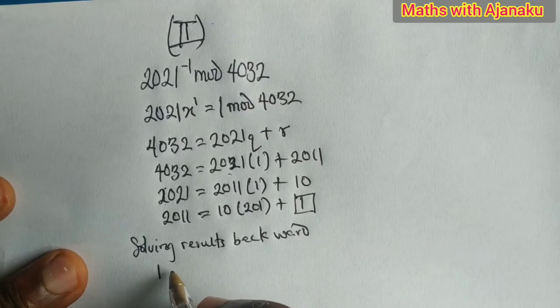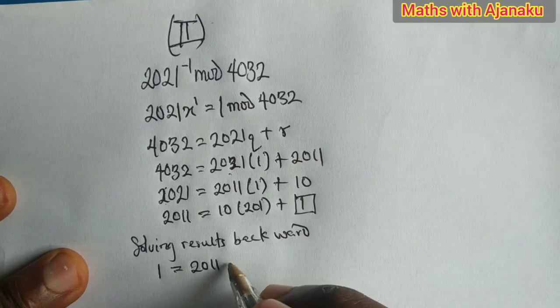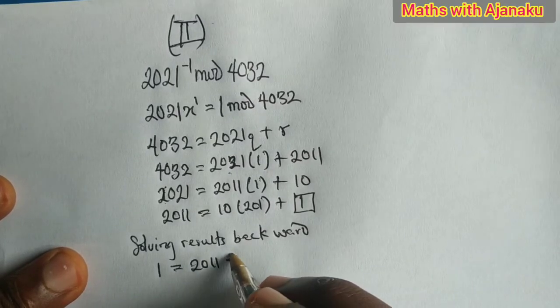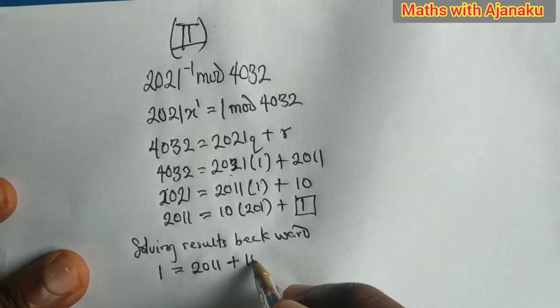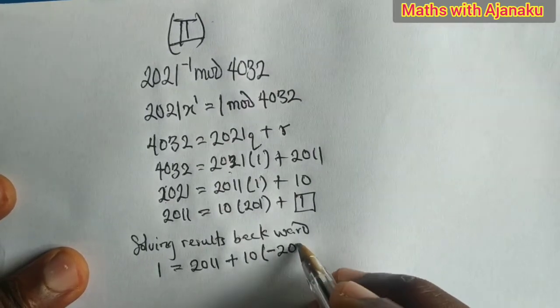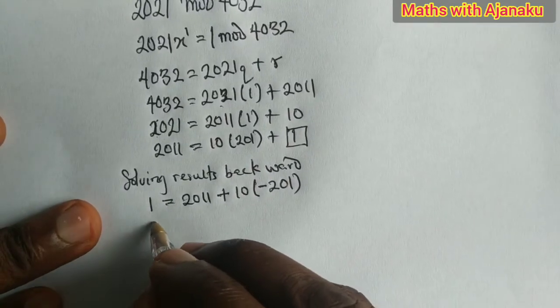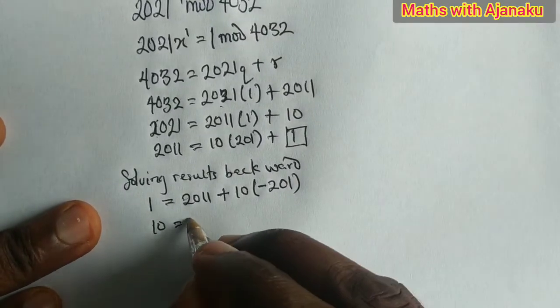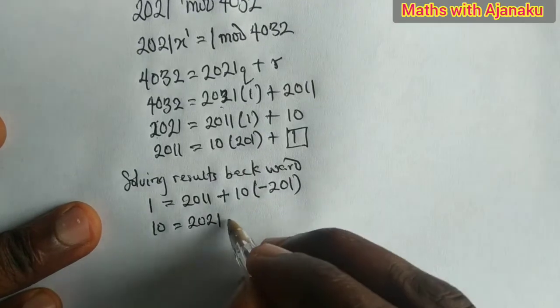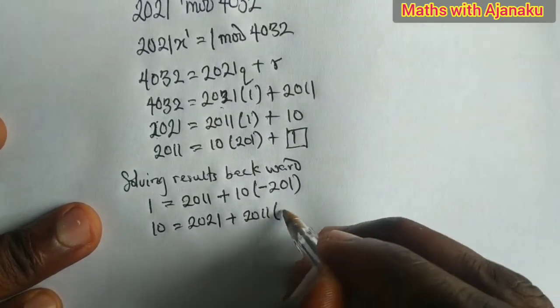From the last one, I have 1 equal to 2011 minus, instead of minus, I'll write plus. However, I'm trying to hide my minus, so I put it inside the bracket, that's 10 into bracket minus 201. Then in the next one, I have 10 to be equal to 2021 plus 2011 into bracket minus 1.